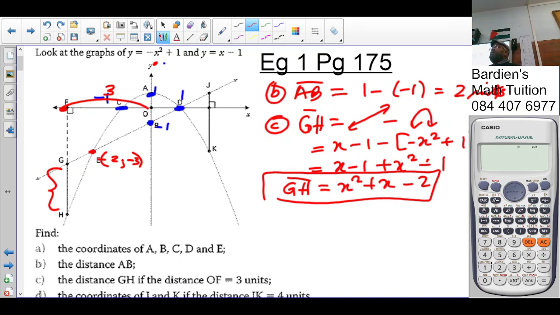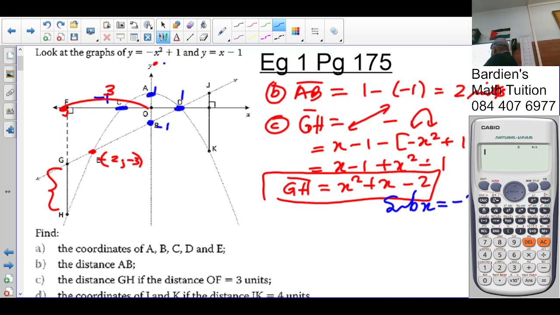It has to be parallel to your y-axis, or perpendicular to the x-axis. As you can see, it's marked perpendicular to the x-axis. Okay? Right. So how do I get the value of that length GH? I substitute the x value at that point. And what's the value for x there?